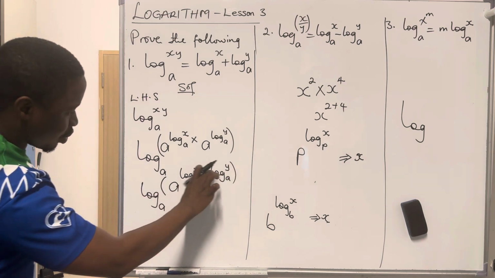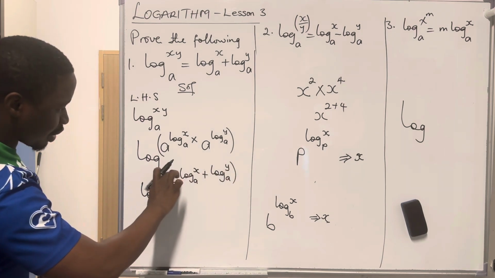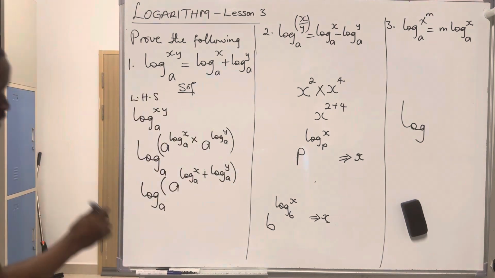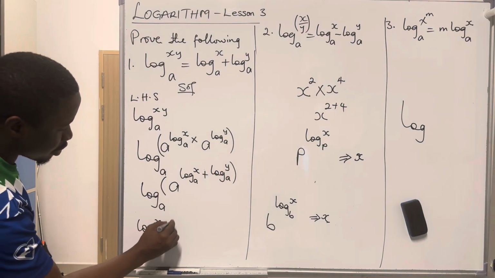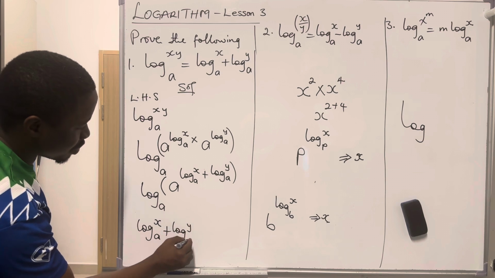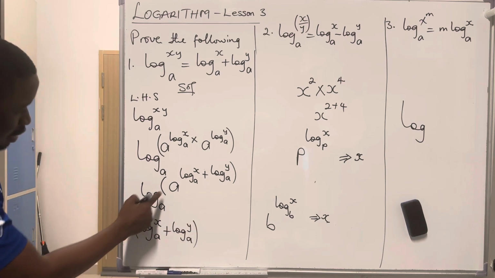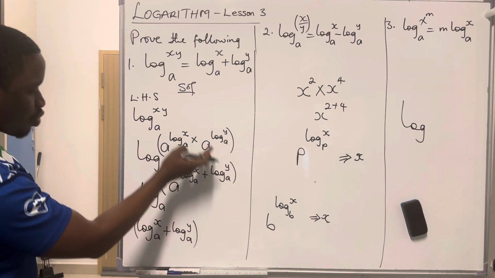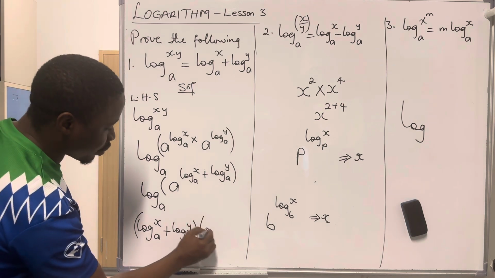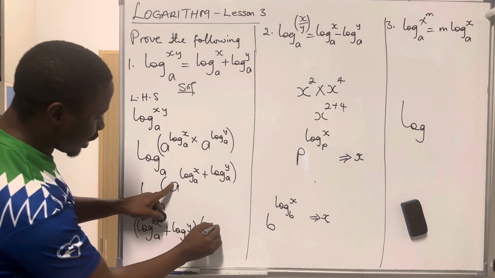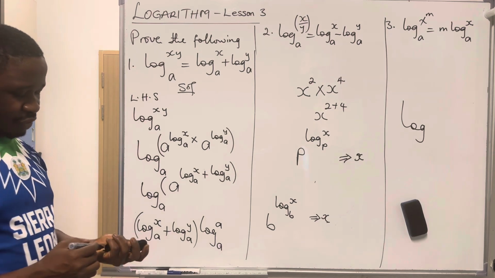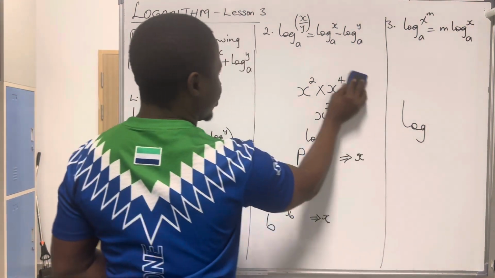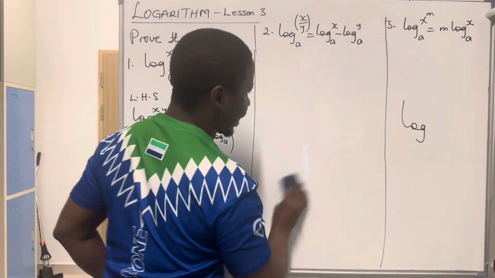A has a power, though it's an expression. So when this happens, it goes to the left. So we say log x base a plus log y base a. The log number has a power that goes to the left. We are left with log a base a. This is what we are left with. So in that case, what happens next now?